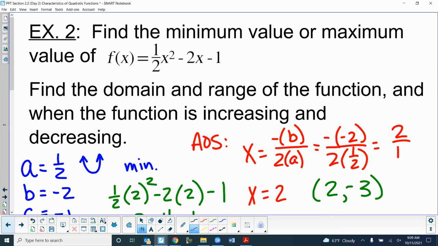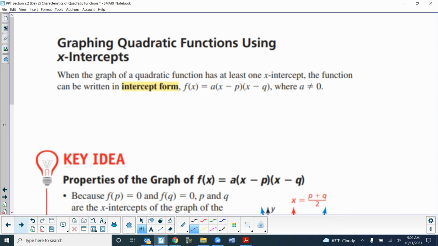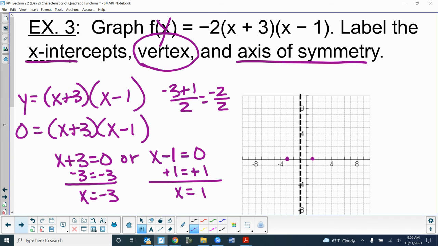So it did what with it to find the y part? Plugged it in. Can't we do the same thing here? We know that the axis of symmetry is x equals negative 1. Can't I plug negative 1 into the original problem? Won't that give me the vertex? Yeah, same procedure. So that's nothing new.